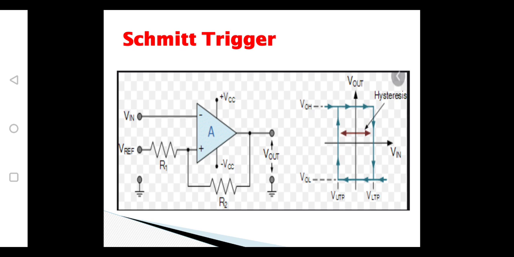So if input is applied to the inverting terminal, the output is opposite. That is, feedback to the non-inverting terminal is the same as the polarity of the output. See, in this figure we are giving the input towards the negative terminal, but output is given towards the positive. So the circuit output, V naught, is equivalent to minus V in.